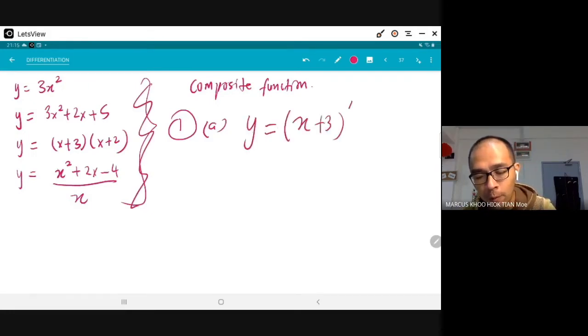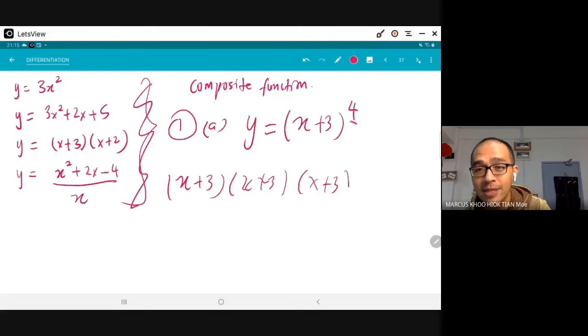Now, if this was to the power of 2, no problem. You can expand it, and then differentiate one by one. But how are you going to do power of 4? You want to do x plus 3, then x plus 3, then x plus 3, for 4 times? You know what kind of nonsense you're going to get?